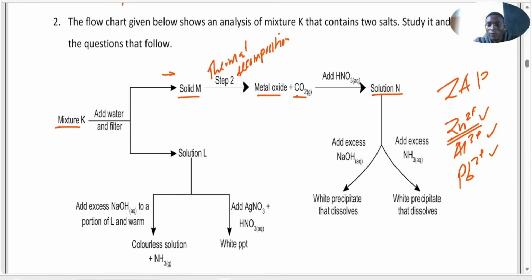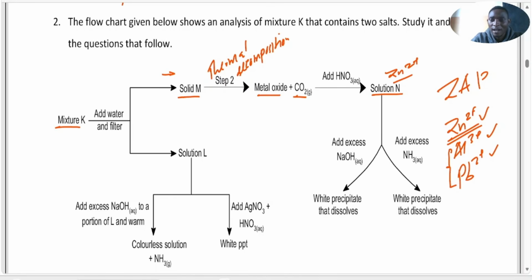Zinc dissolves in both sodium hydroxide and excess ammonia solution. The other two, aluminium and lead ions, do not dissolve. So here we can make a conclusion that in N we have zinc ions.